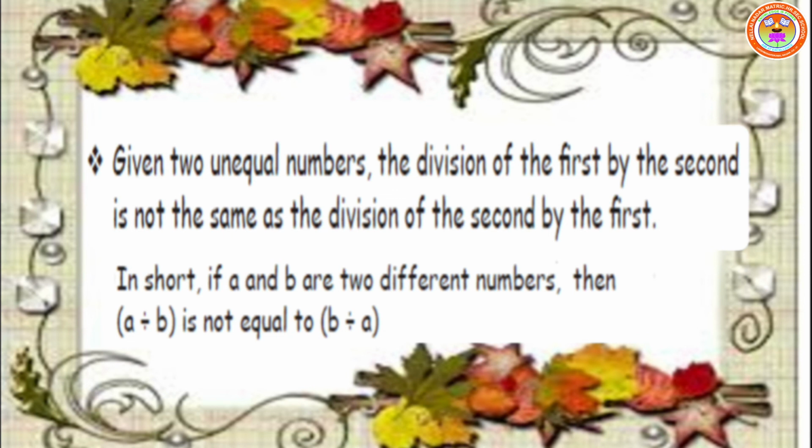Is it clear? Just assign values for A and B and do the division. A plus B is equal to B plus A, but A divided by B is not equal to B divided by A. The statement becomes false.